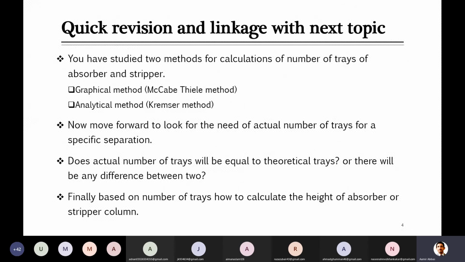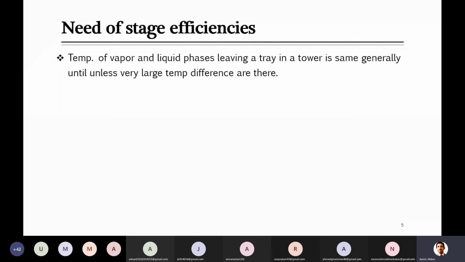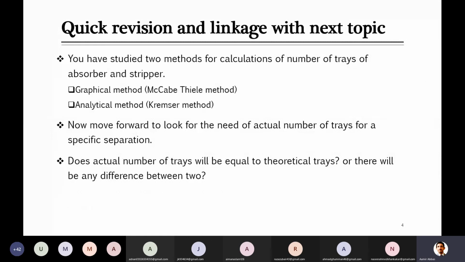So finally, when you have decided how many plates are actually needed, then based on that we will calculate the height of the absorber or stripper column. As I said, we need actually more trays as compared to the theoretical trays, or the trays which we have calculated, which are called theoretical trays.